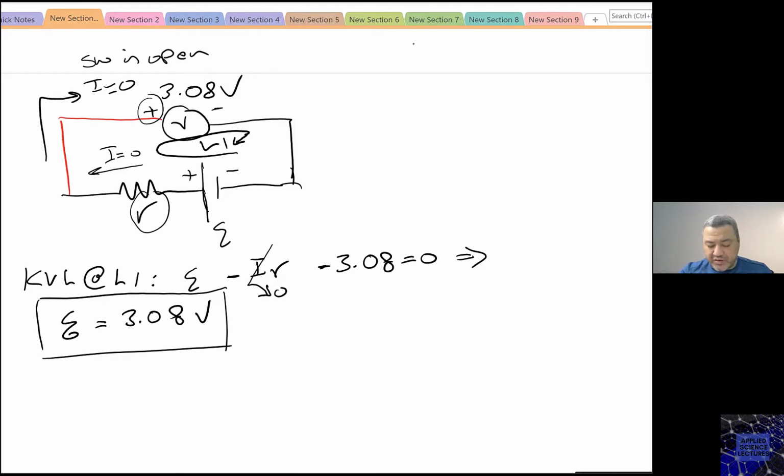Now let's draw the circuit here when the switch is closed.